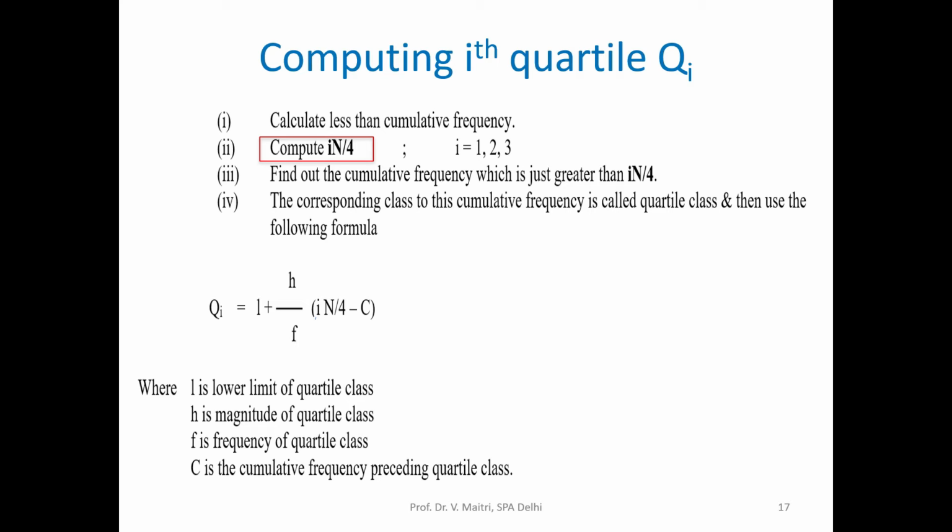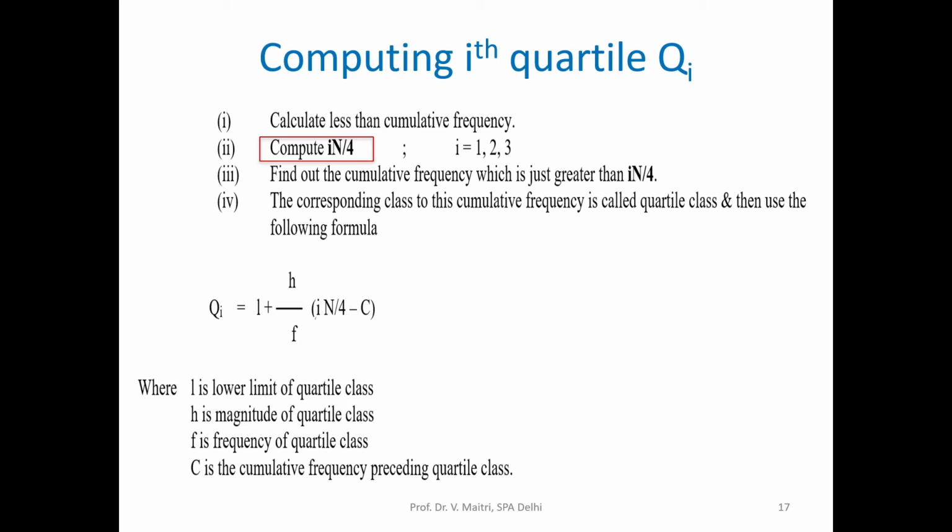That quartile class will be used in this formula. Q1 is equal to L plus, where L is the lower limit of the quartile class, h is the magnitude of the quartile class, f is the corresponding frequency of the quartile class, and C is the cumulative frequency preceding the quartile class.